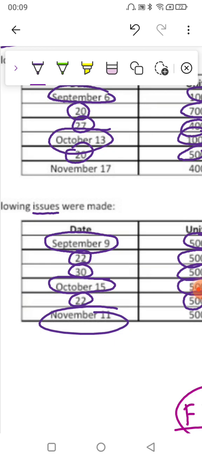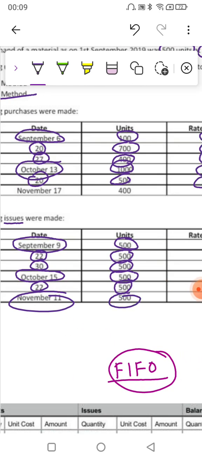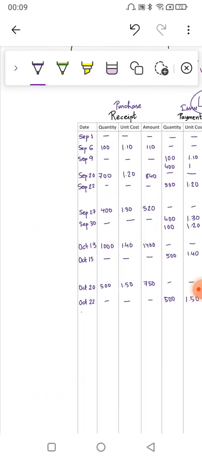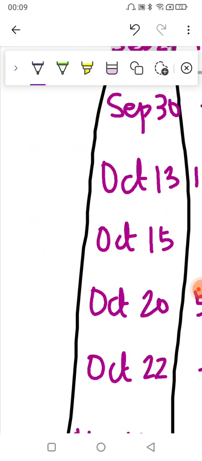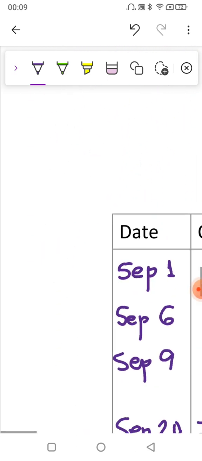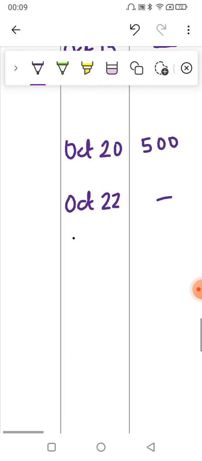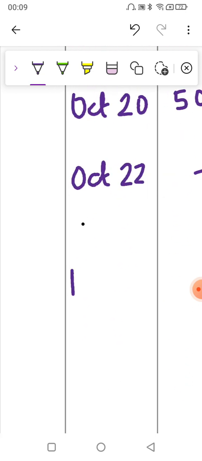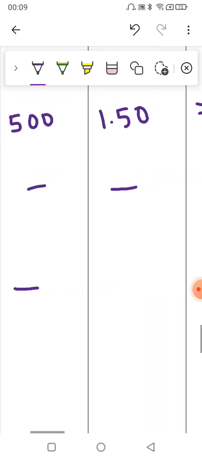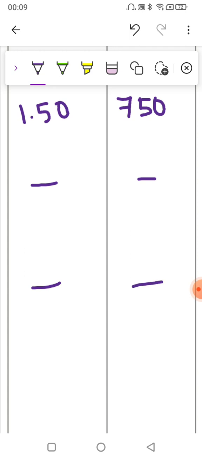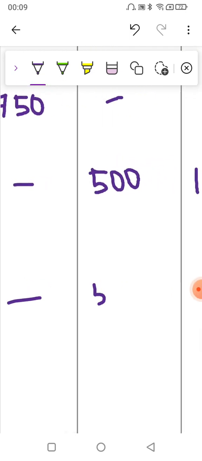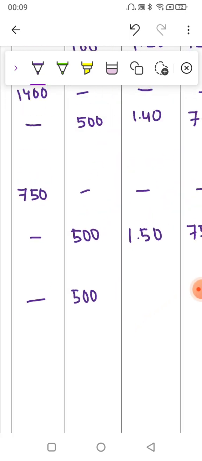November 11. 500 issues were made. So November 11, there were further issue of 500 units. So let's record it. November 11, there were further issue of 500 units. So no payments were made here, no purchases. 500 were issued, 500 units.